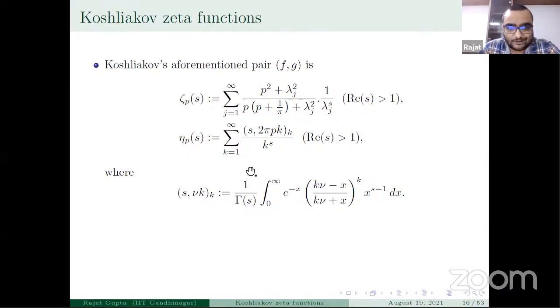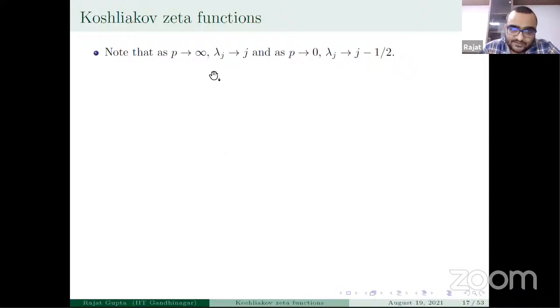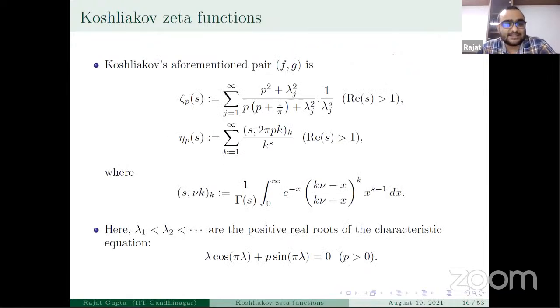And similarly, eta p is also absolutely convergent for real part of s greater than 1, where this constant s comma 2 pi p k sub k is defined by this integral representation. And as I said, these lambda j's are an increasing sequence of positive real roots of this characteristic equation. If you take p tends to infinity, lambda j goes to j, and if p tends to 0, lambda j goes to j minus half. And we can easily derive it from here.